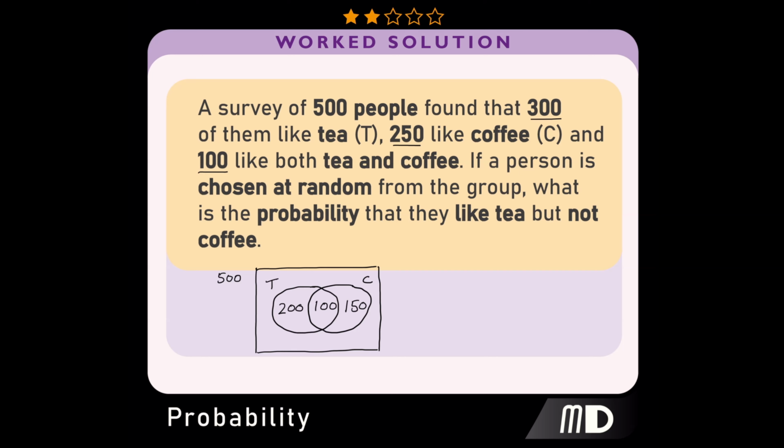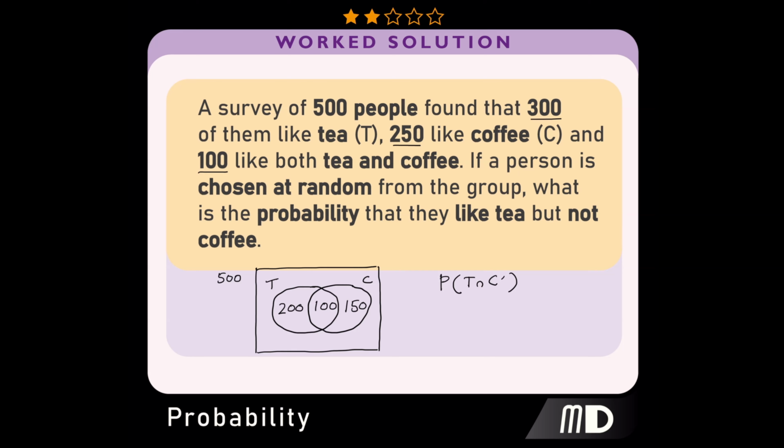Now that we've completed our Venn diagram, we can answer the question. We're asked to find the probability that a person chosen at random likes tea but not coffee. Using the correct probability notation, we write this as P(T ∩ C').